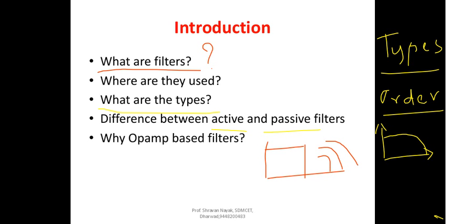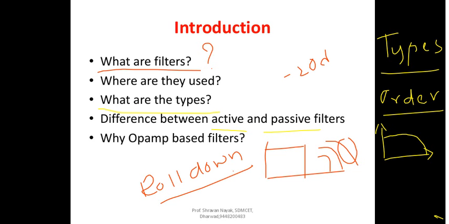So this particular phenomenon is called the roll off, and the order of this roll off usually will be in the form of minus 20 dB per decade. You must be knowing the meaning of this, right?